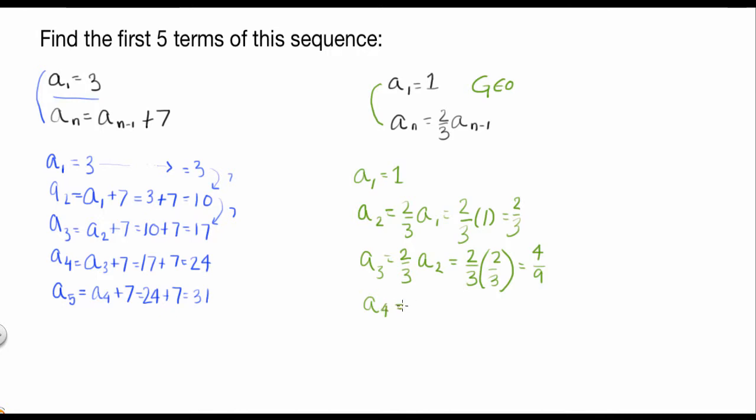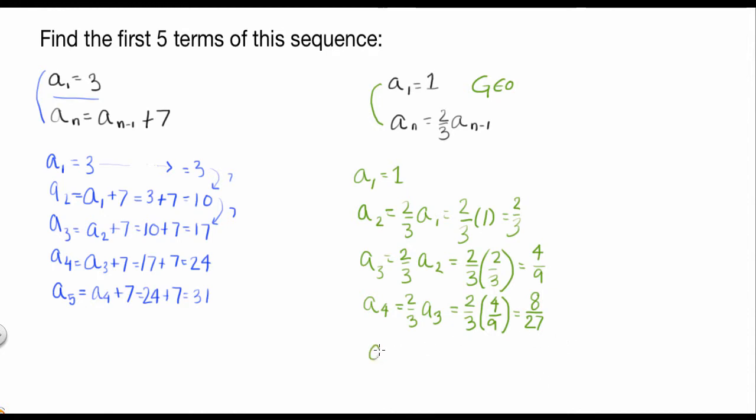A4, that's just 2/3 of A3. So that's just 2/3 times 4/9. And that's going to be 8/27.